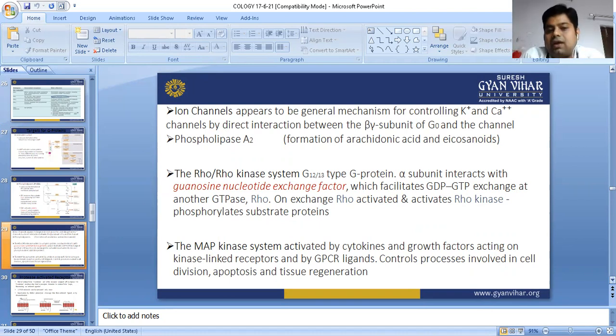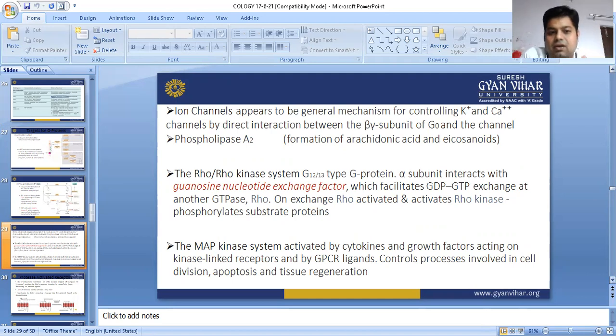The Rho kinase system: the G12 and G13 types of G protein alpha subunit interact with guanine nucleotide exchange factor, which facilitates the GDP and GTP exchange at another GTPase, Rho. On the action of activated Rho, Rho kinase phosphorylated substrate protein is formed, and this acts as a termination of the reaction.